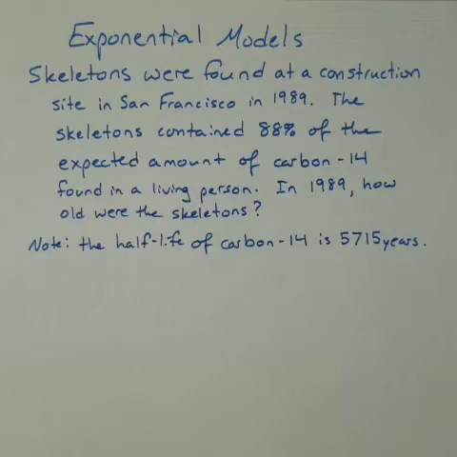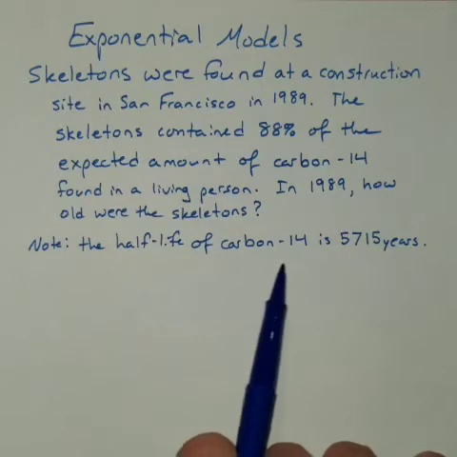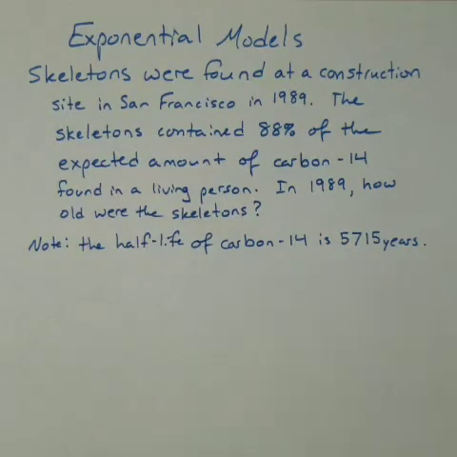One very important piece of information is the fact that the half-life of carbon-14 is 5,715 years. That's a long time. However, it does give us a point of reference in order to set up our formula.